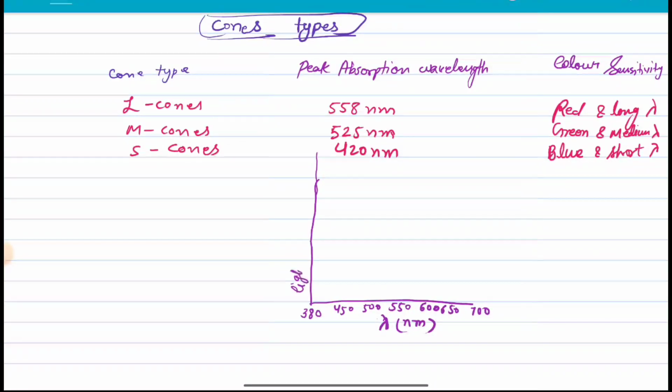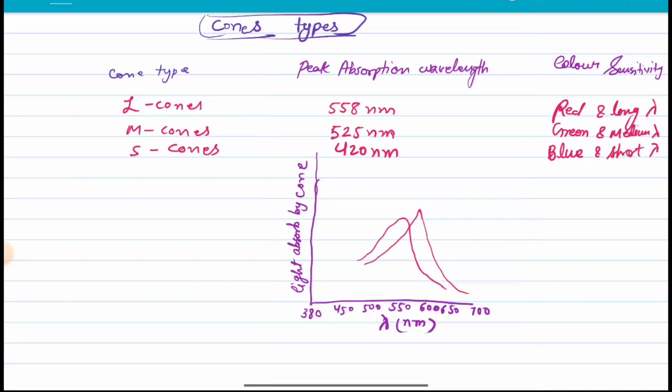Now we all know that the L cone absorbs approximately 558 nanometer, red color, so here red color is absorbed. Then the M cone, or we can say green color, absorbs at a wavelength of 525 nanometer, which means it is absorbed almost here.